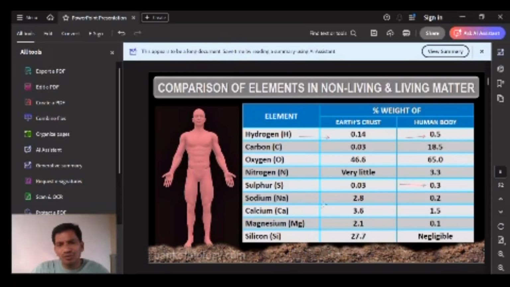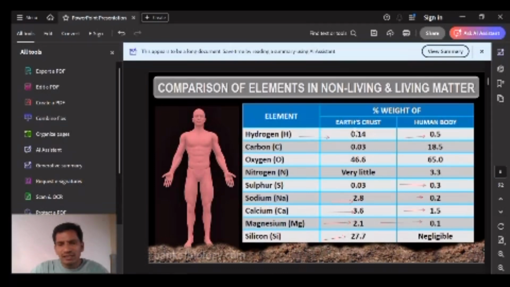Carbon is 0.03 in the crust and 18.5 in the human body. Oxygen is 46.6 in the crust and 65.0 in the body. Nitrogen is very little in the crust and 3.3 in the body. Sodium is 2.8 and 0.2 in our body. Calcium is 3.6 and 1.5. Magnesium is 2.1 and 0.1 in humans. Silicon is 27.7 and negligible.